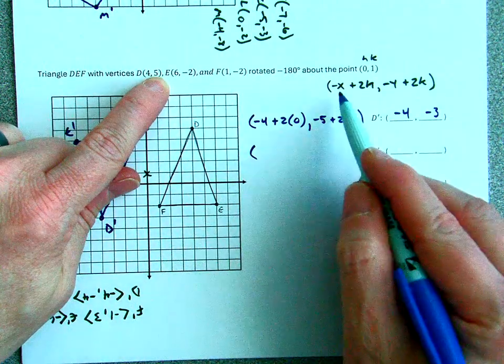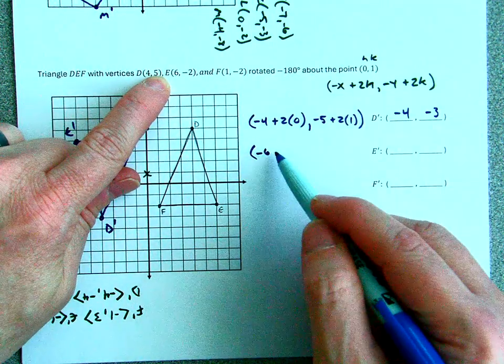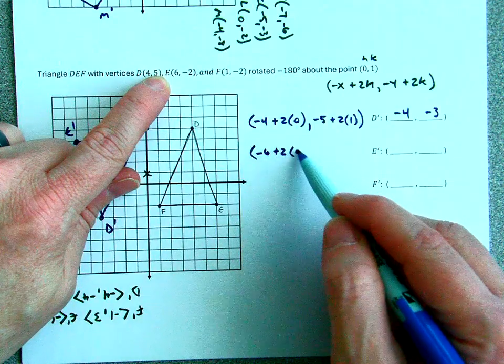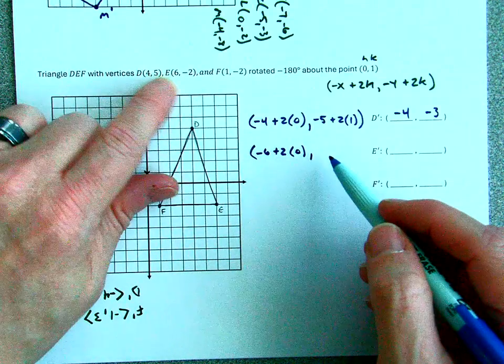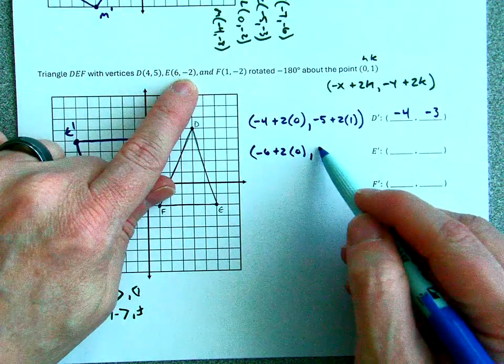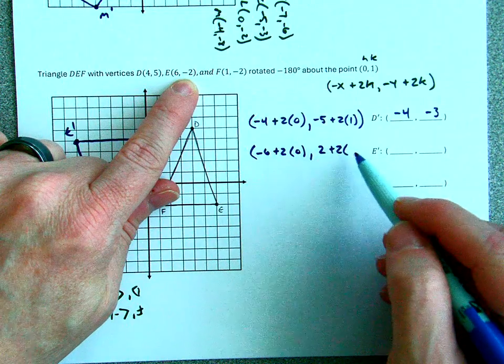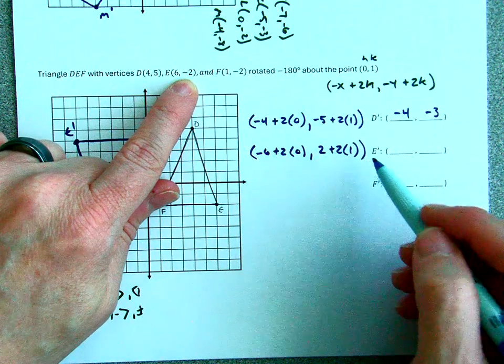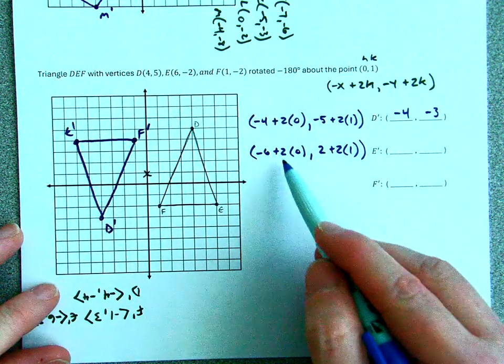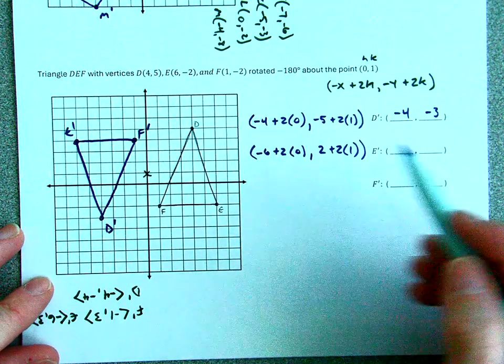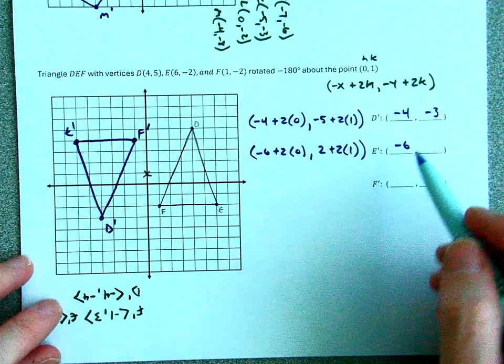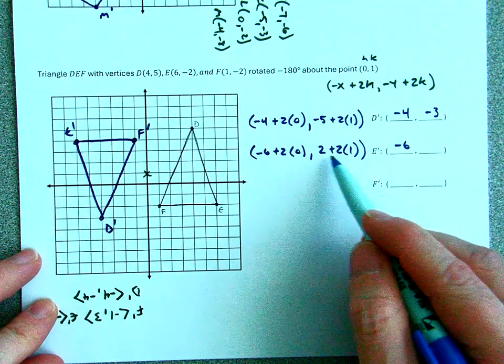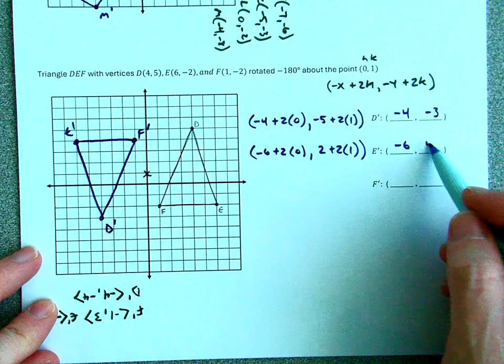Taking the opposite of X, so it's the opposite plus 2 times H. The opposite of -2 plus 2 times K. So 2 times 0 plus -6. 2 times 1 is 2, plus 2 is 4.